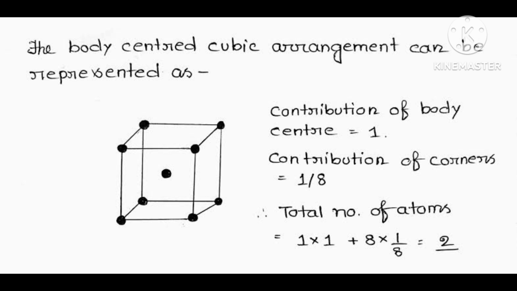First, the arrangement may be a straight line, one dimensional. A straight line means one ball, then a second ball, third, fourth, 5, 6, and all are touching each other. Correct? Then that is called one dimensional. Only length is there.